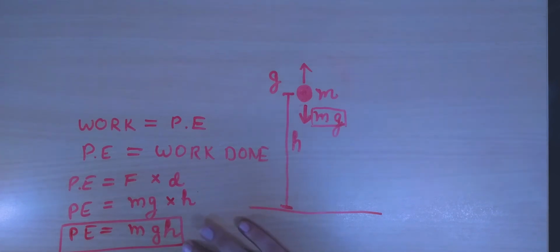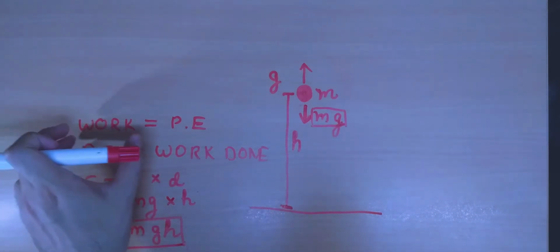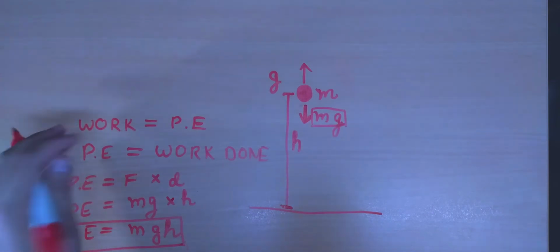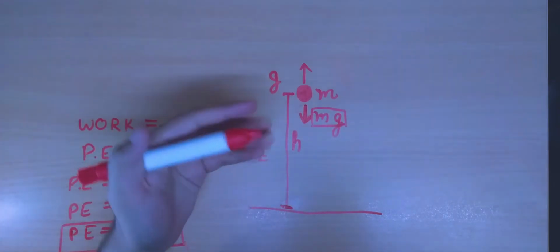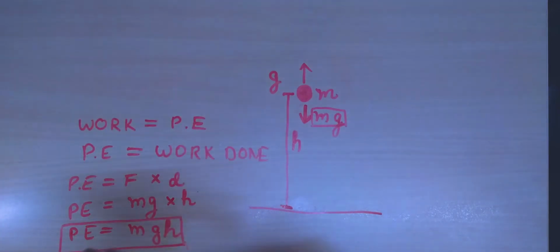And we have used the definition of work, which is that if we do some amount of work on an object, that is the amount of energy that the object gains. So using that, we have come up with this expression, and this is the same expression that we had come up with before. In that one, we had just used some experiments to come up with the expression, but this is the mathematical derivation using conservation of energy.